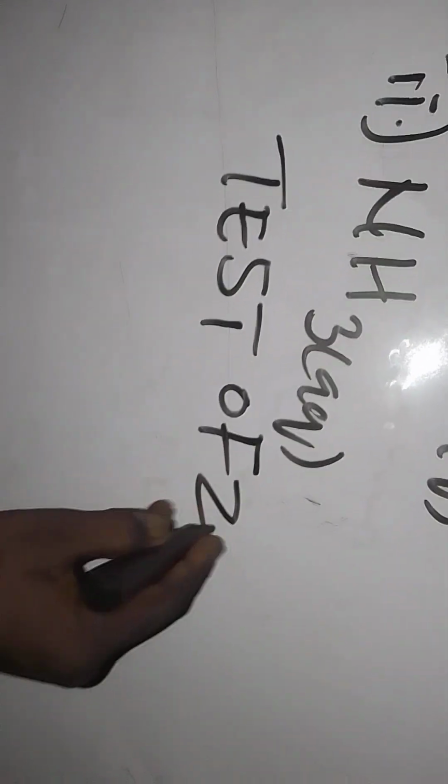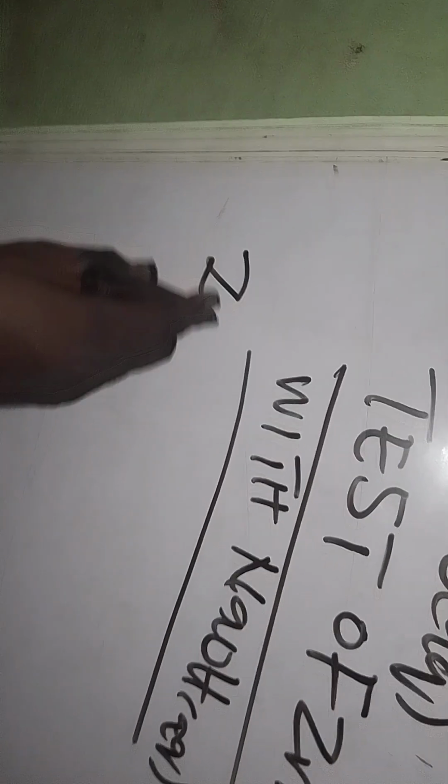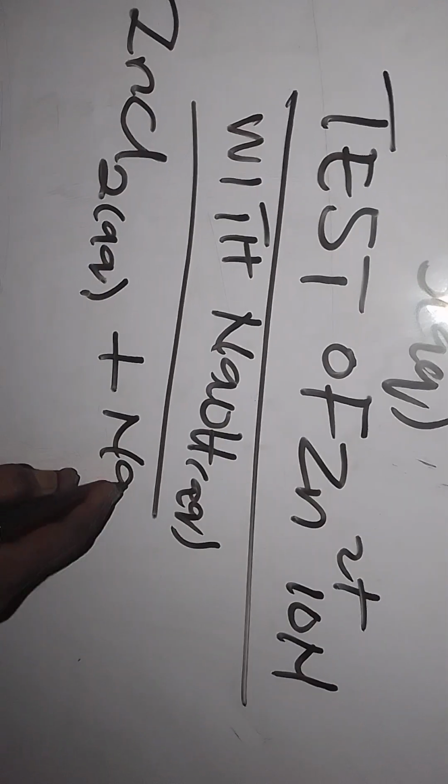So let us first look at test of zinc 2 ion with sodium hydroxide solution. Now, if zinc chloride, you add water to it, it dissolves inside water, it's a soluble salt, added to sodium hydroxide solution.